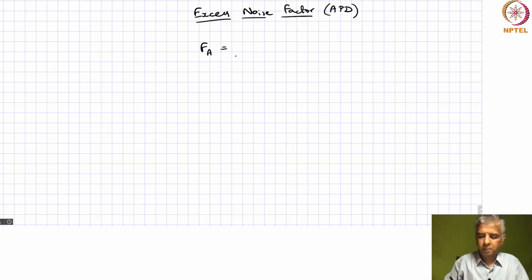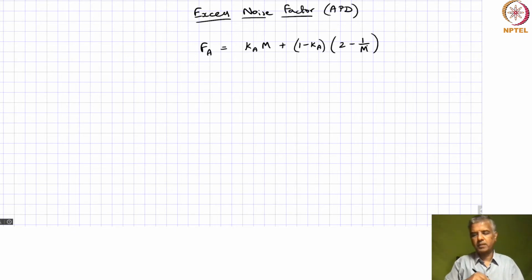There is actually an empirical relationship connecting this excess noise factor to the avalanche gain, that multiplicative gain given by M. So it's F_A equals Ka multiplied by M plus (1 minus Ka) multiplied by (2 minus 1 over M). That's an empirical relationship that we have for the excess noise factor.